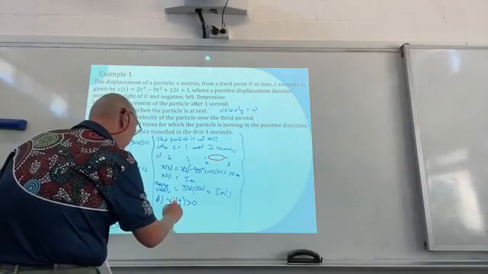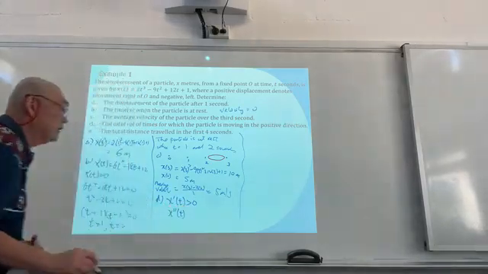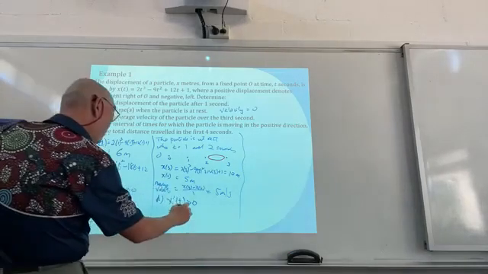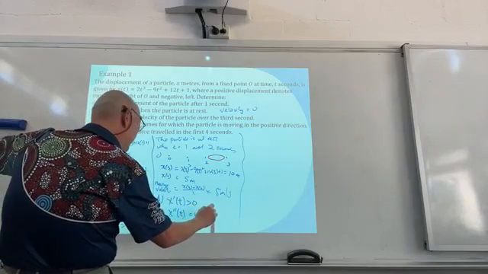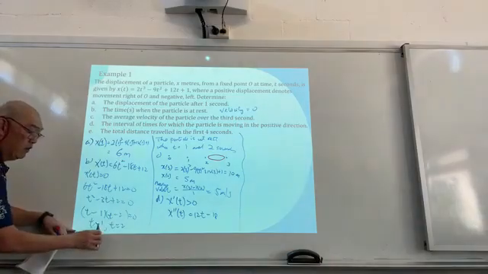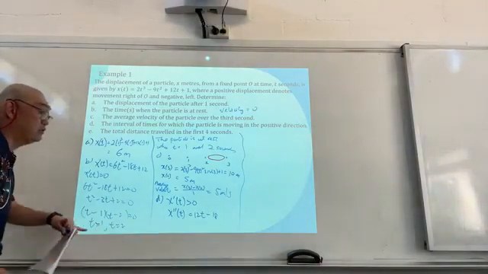So let's look at the acceleration, which is the second derivative of displacement, which is therefore equal to 12t minus 18. All right, so these are the two points, t equals 1 second and t equals 2 seconds.